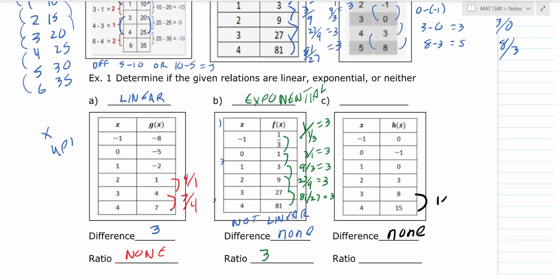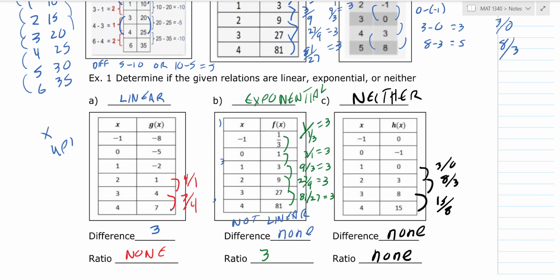Okay, let's do 15 over 8, which you could use a calculator for if you wanted to. 8 over 3. 3 over 0 is undefined. Are those the same number or are they different? They're different. So is it exponential, yes or no? No. Okay, so there's no common ratio on that. So that means that it is neither.